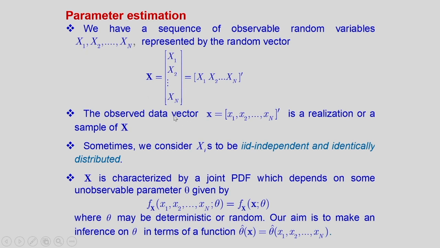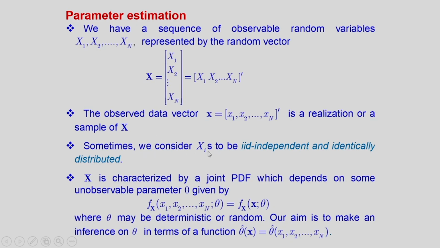The observed data vector small x, that is small x1, small x2 up to small xn transpose, is a realization for the samples of x, because x is a random vector and whatever we observed at a particular time constitutes a realization for the sample of x. So, small x is a realization, capital X is a random vector.